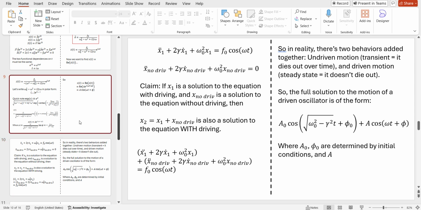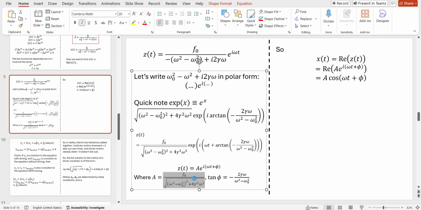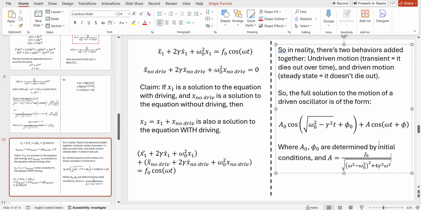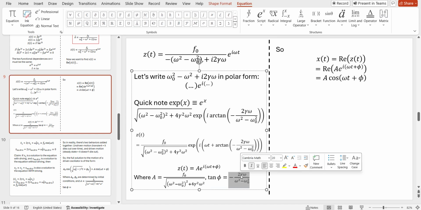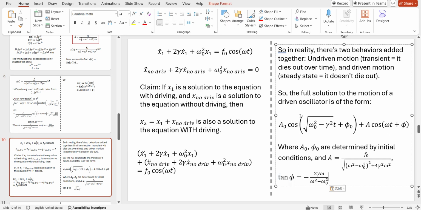You guys have it already. I'm just going to write it down for completeness. A is this whole thing, and tangent phi is this whole thing. This is what we found earlier. So you take the steady state motion plus the transient motion.